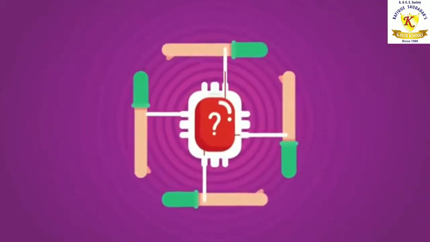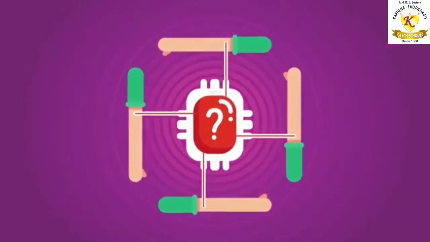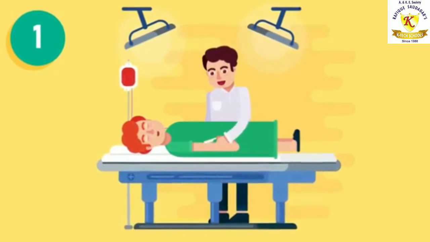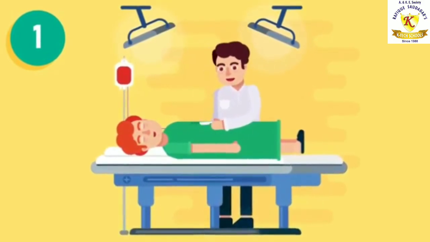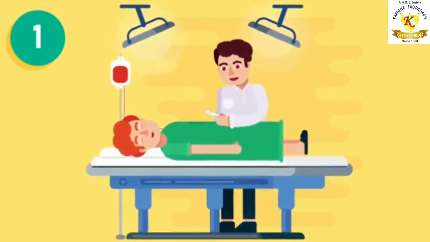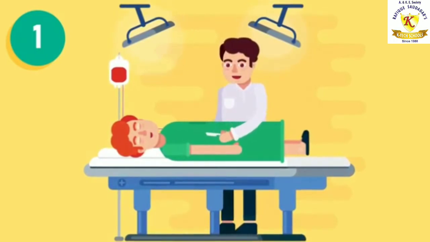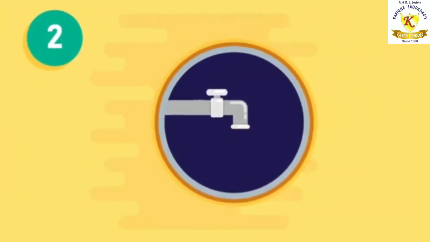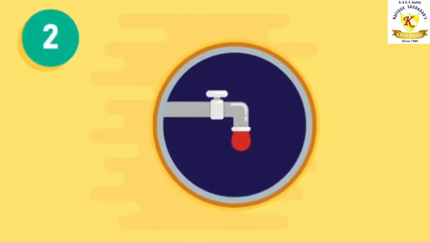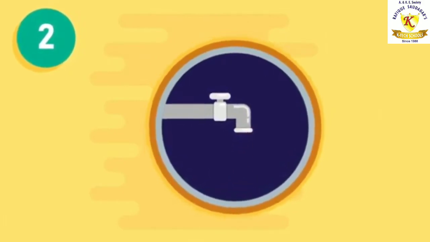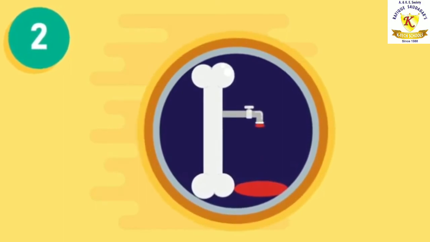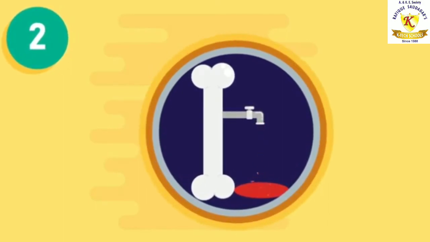Now, why are blood transfusions performed? For loss of blood during surgery, from an injury or illness, and inability to make blood. Some illnesses and treatments can harm the bone marrow's ability to make blood.